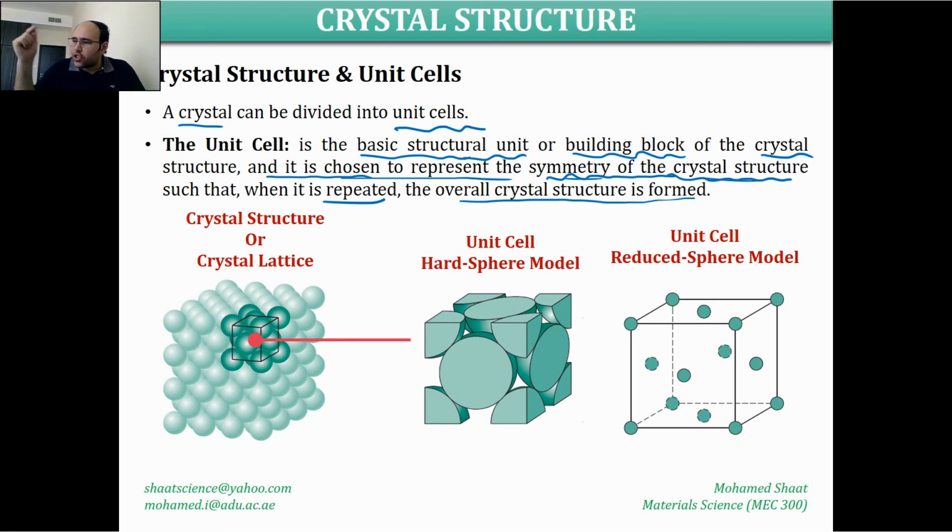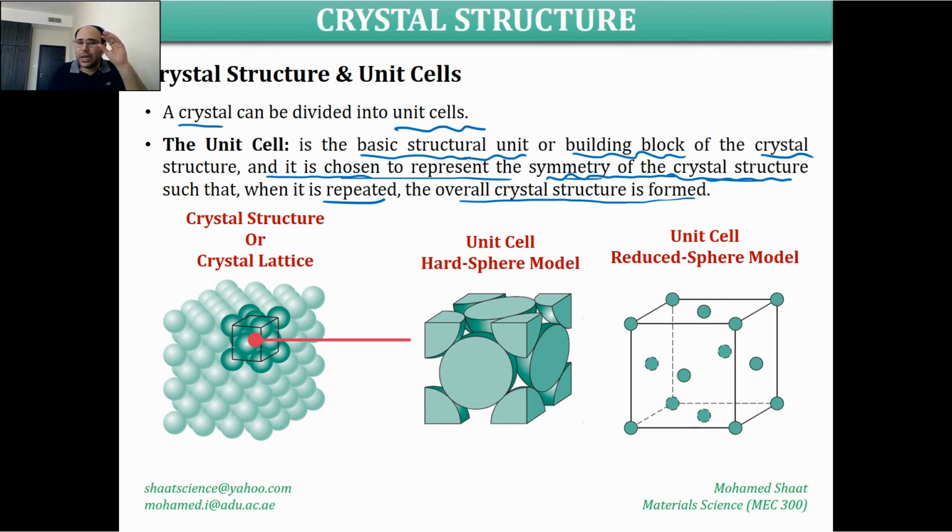If we decided to study it and derive the properties of this crystal, it will be representative of the properties of the entire crystal. So instead of wasting time studying the properties of the entire crystal, it is fine if you are able to select a unit cell and study its properties.